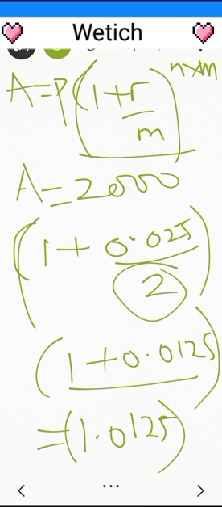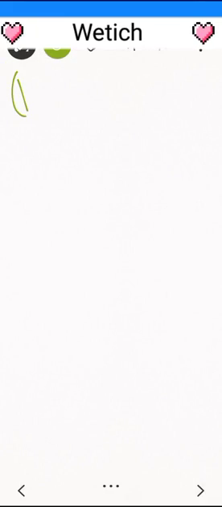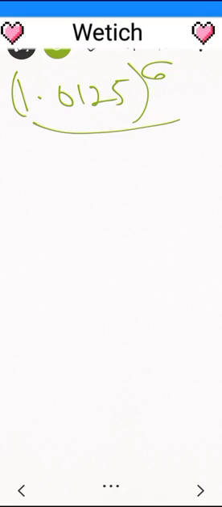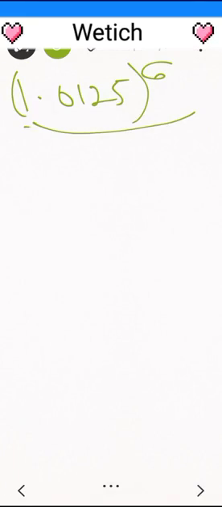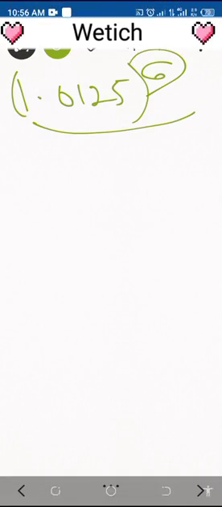So we just multiply 3 years by 2 times, so we have 3 times 2, which gives 1.0125 raised to the power of 6. Now let's visit our calculator.